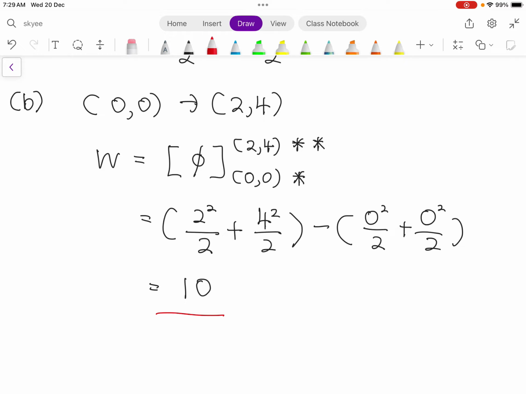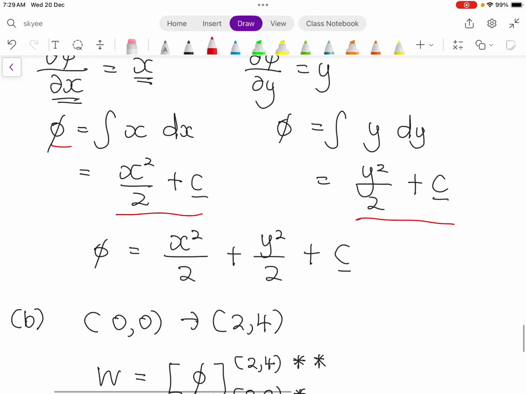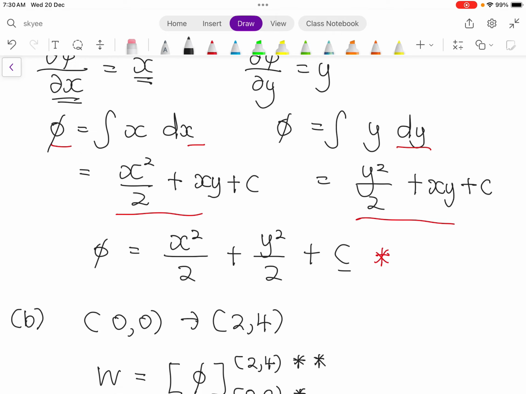All right. So there is one thing very important that I want you to take note of. For example, when you perform the integration with respect to dx and dy, you find that there is one term that is the same. For example, you get this xy for the integration with respect to x, and also for the integration with respect to y.